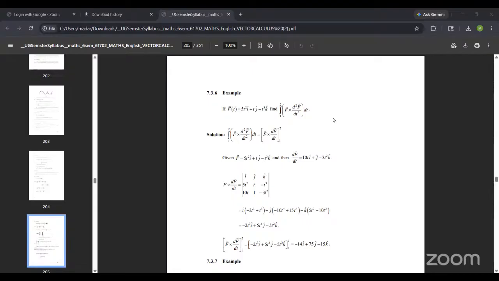So f of t equal to 5t squared i plus t j minus t cubed k, and then find the integration from 1 to 2 of f bar cross d²f/dt² dt.